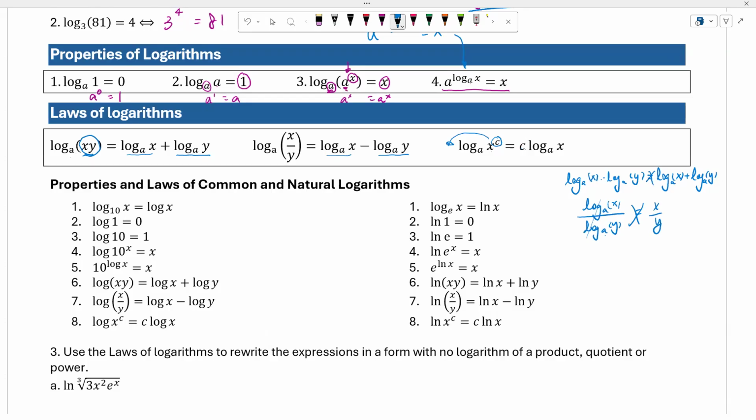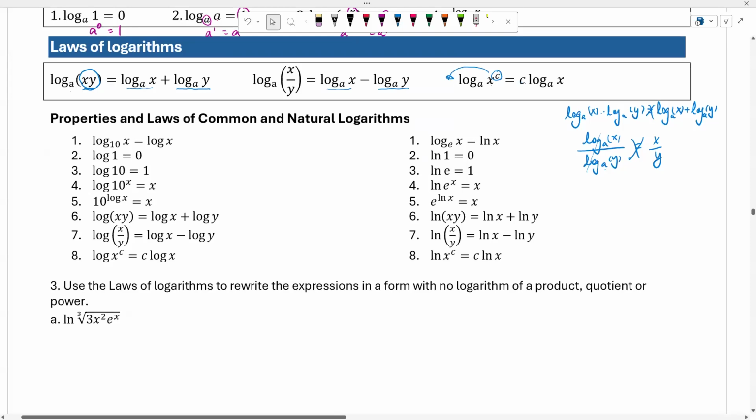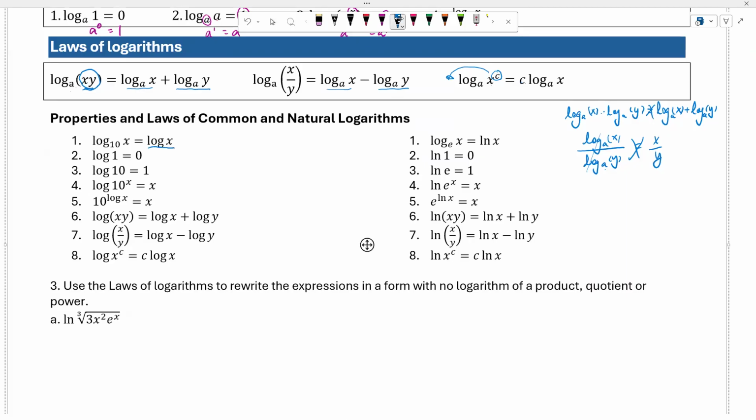Of course, on our calculator, we see the log of x or natural log of x, ln of x. What are they? Basically, the log of x is what we call the common log, where the base is 10.